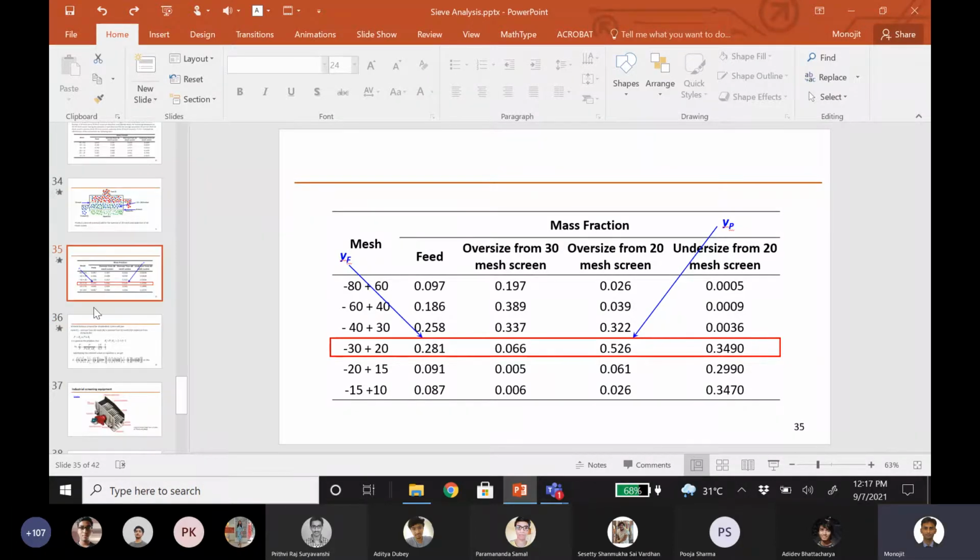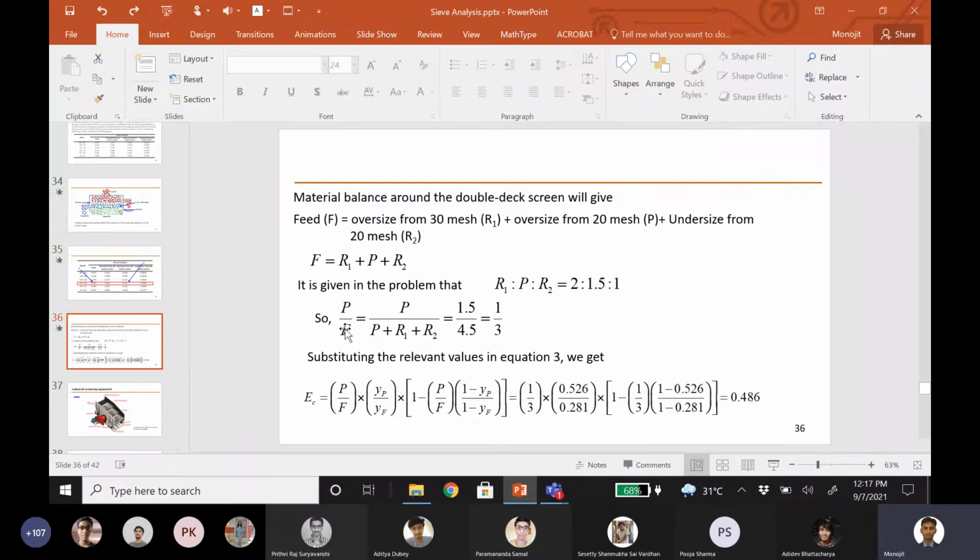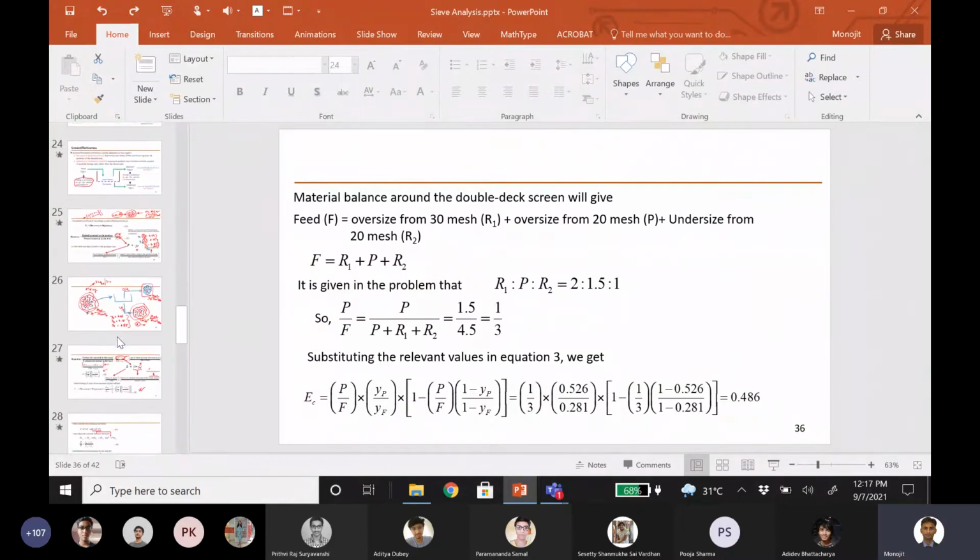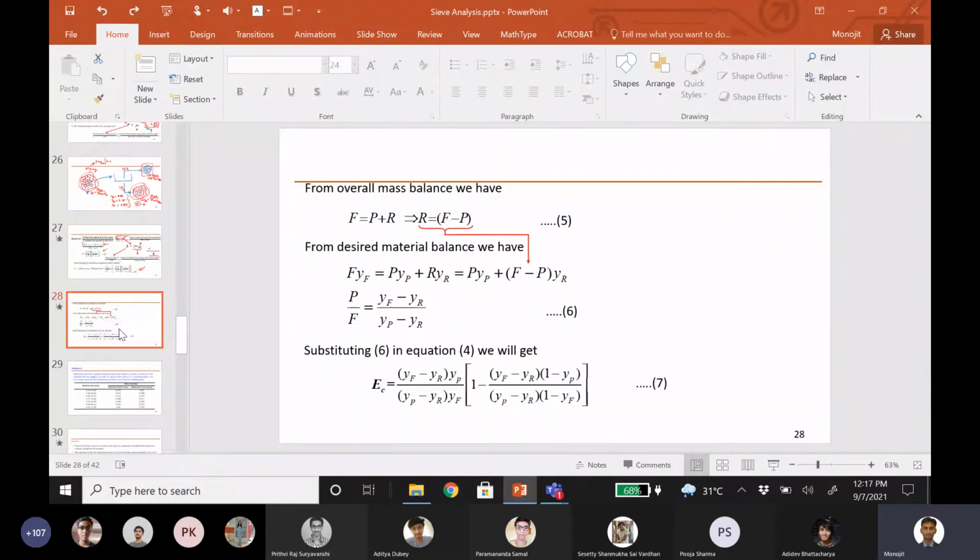See, you can do it. We know P by F here. It's 1 by 3. Let's go back to the definition of screen efficiency. What is P by F? YF you know, YP you know. If you know this, obviously you can calculate YR.